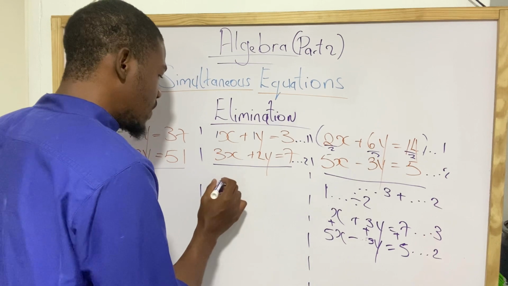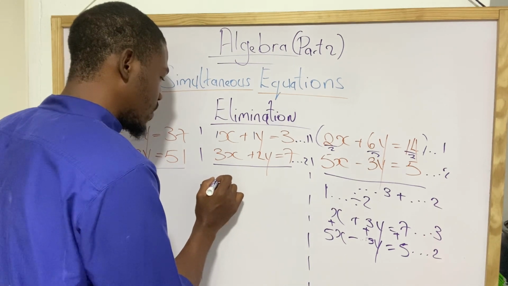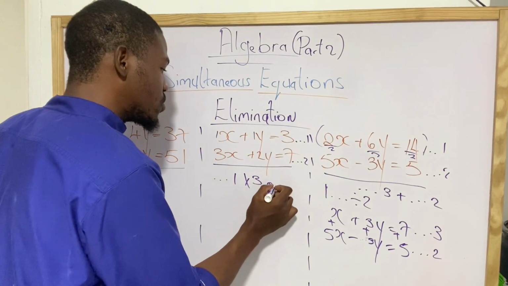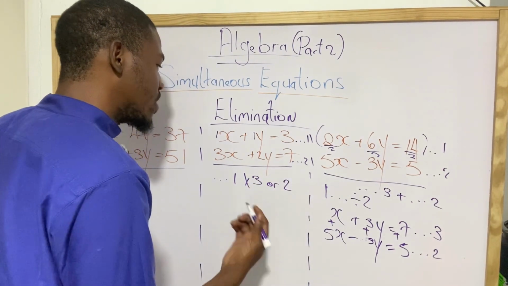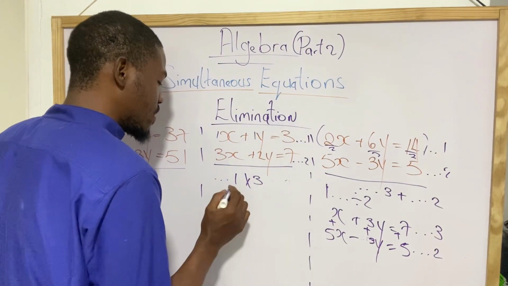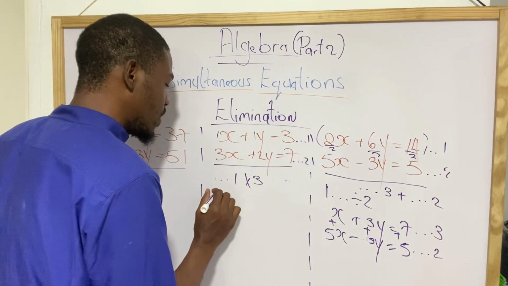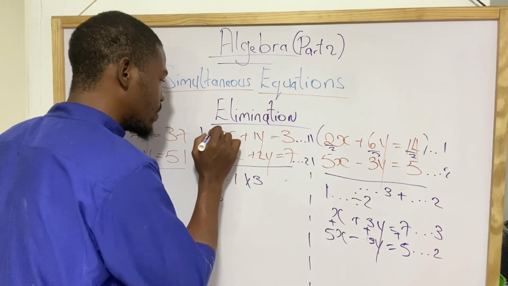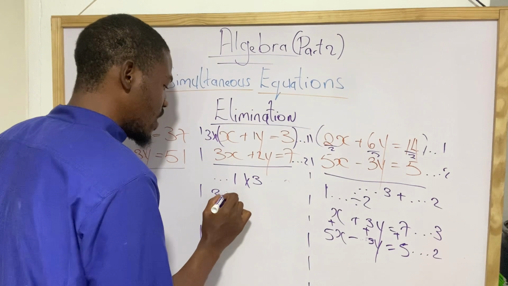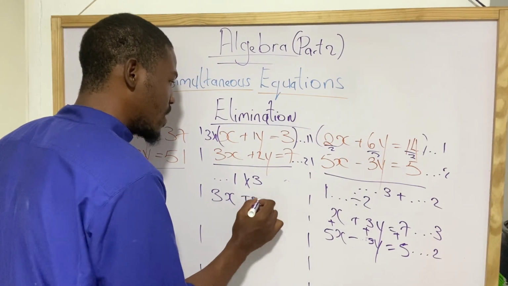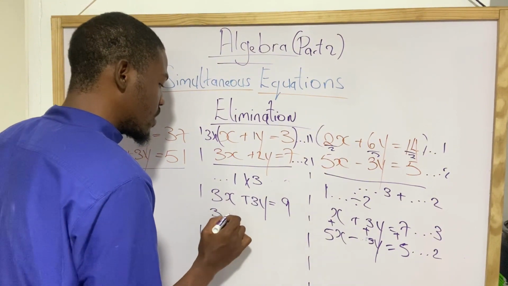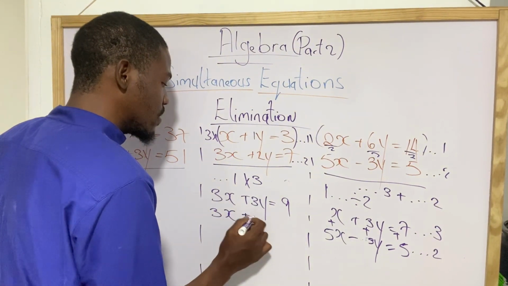So we have the option of multiplying equation 1 times 3, or we could choose to multiply it by 2, whichever one is fine. We're going to multiply it by 3. So multiplying this by 3, we get 3x plus 3y equals 9. And then we could just write back the equation that's at the bottom.